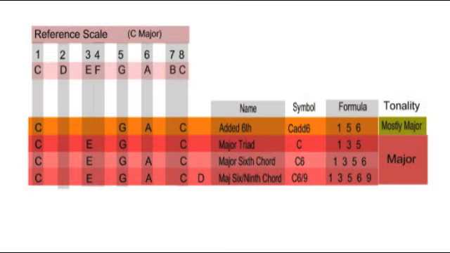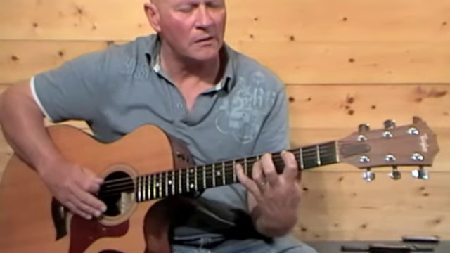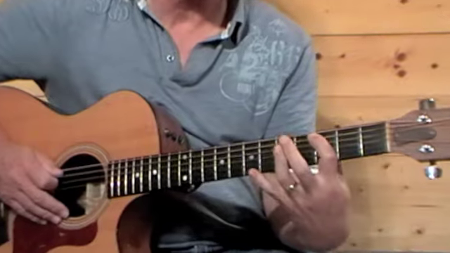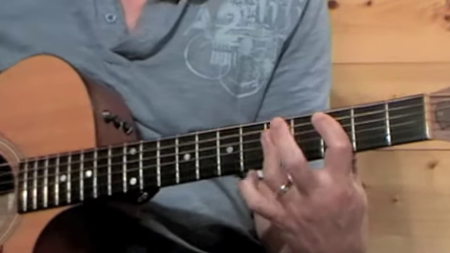You can see that I have assigned this a tonality of mostly major. Now this is based on how I observe this being used in the real world of musical performance. So generally speaking, if you're playing in a band as a second guitarist and the other guitarist is playing the added sixth shuffle, you'd probably play major chords against it.